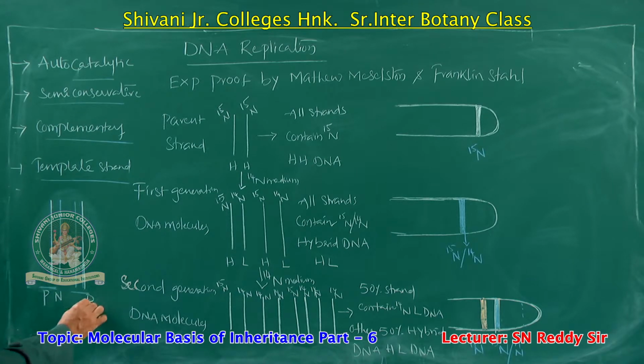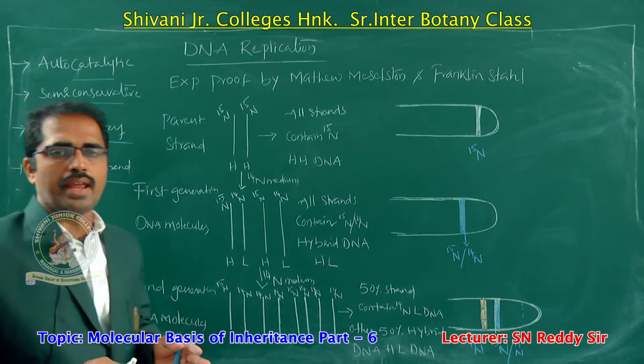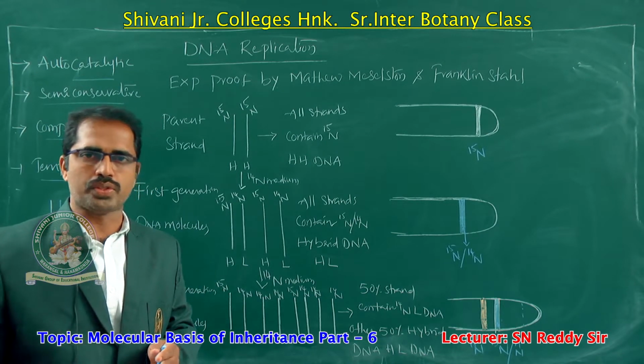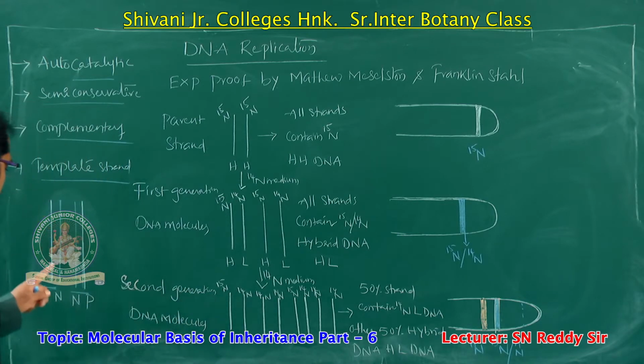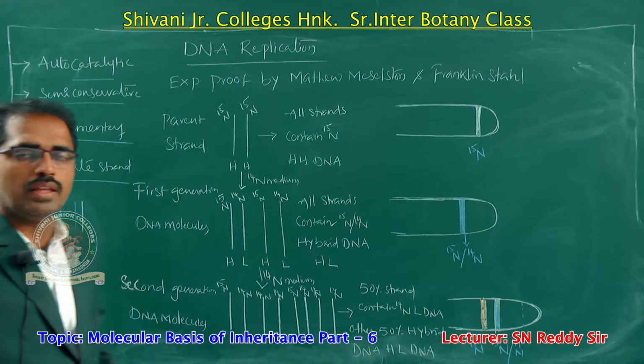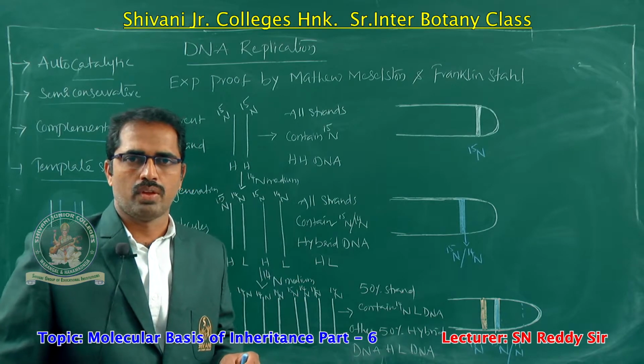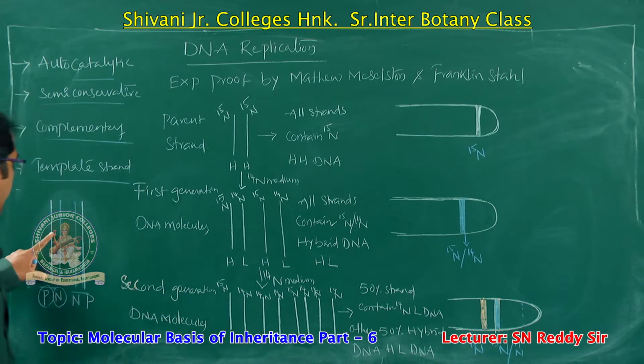Half of the DNA belongs to the parent, and half is new. This type of replication is called the semi-conservative method of replication.